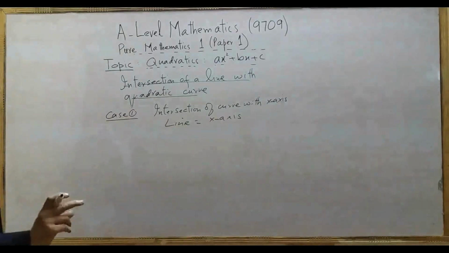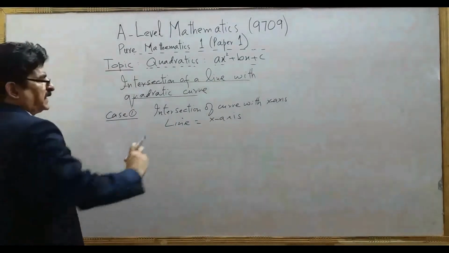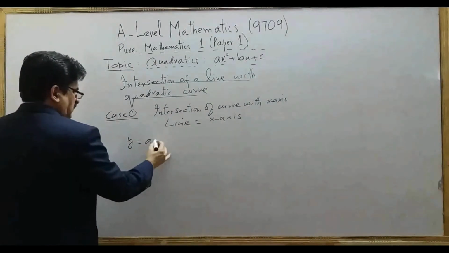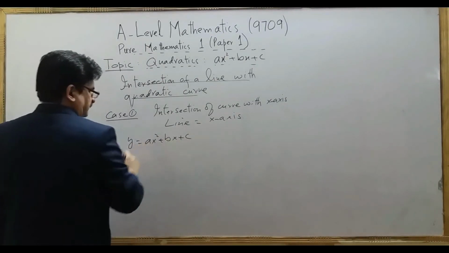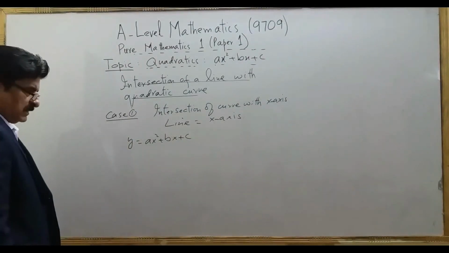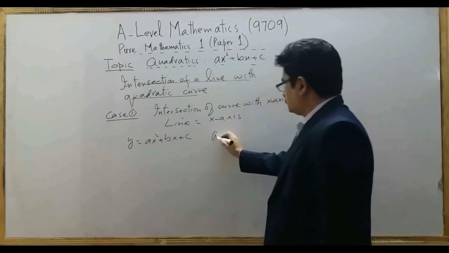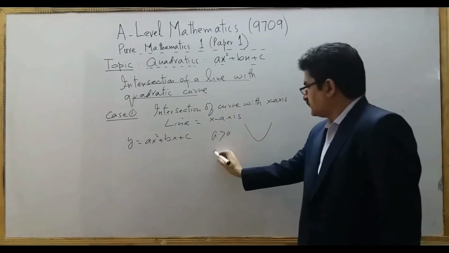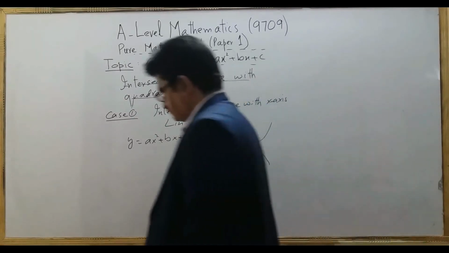Now see the link between quadratic function and quadratic equation. When you have a quadratic function y equal to ax square plus bx plus c, you have learned that if a is positive, the graph is like this, and if a is negative, it is in this form.